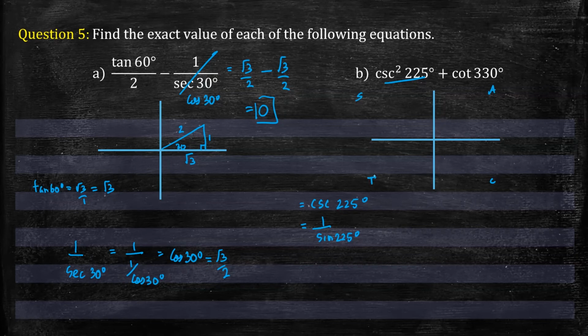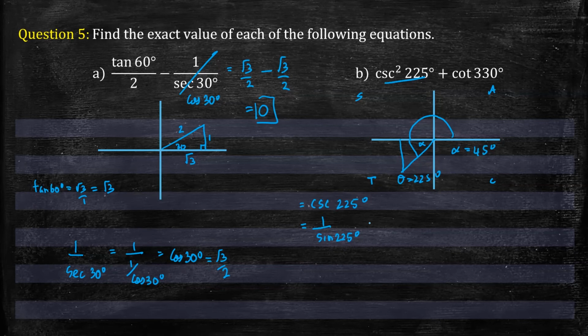That will give us the correct sign. Now sine 225 must be, 90, 180, 225 will be down here. Okay, and then we will make a triangle and think about what our alpha angle is here. So in this case, this angle alpha is going to be 45 degrees.